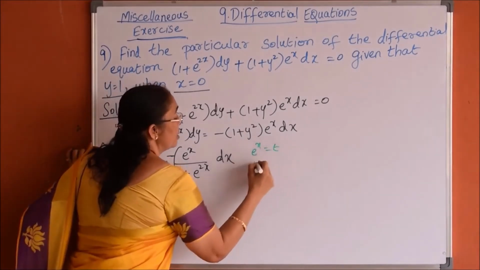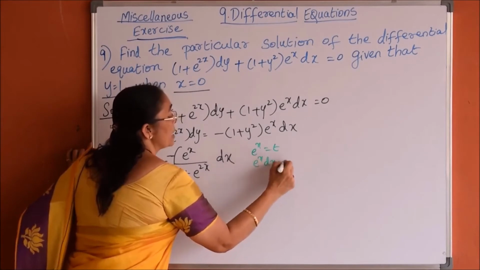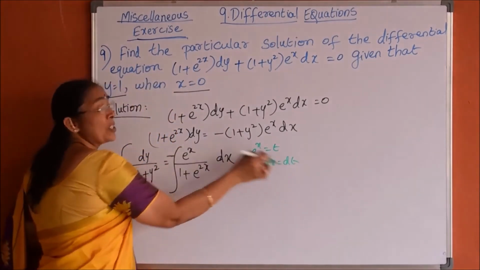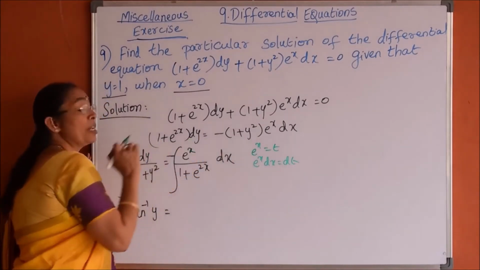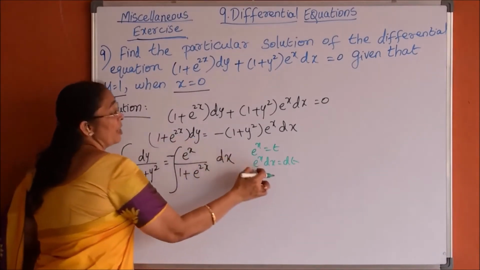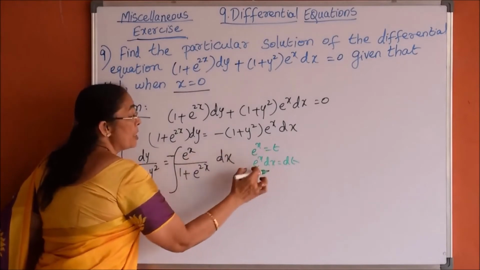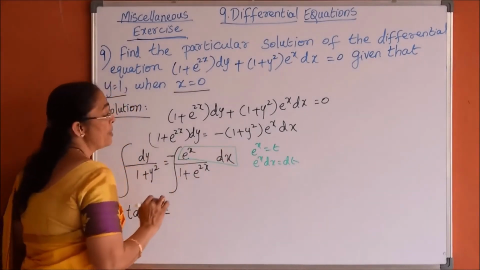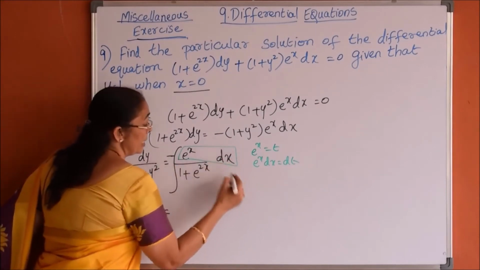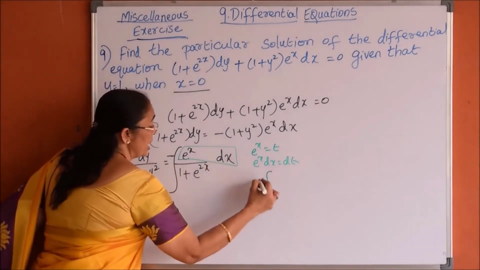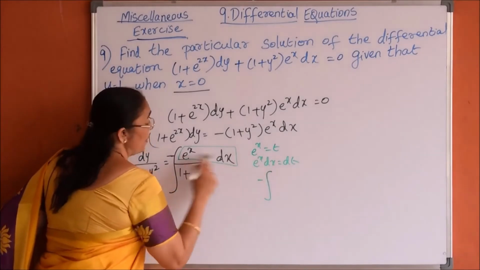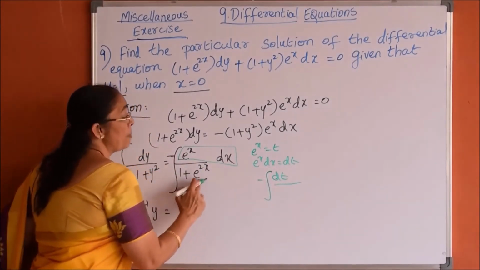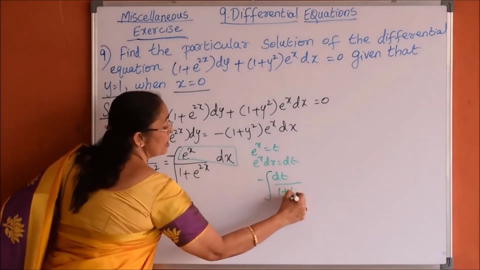So, we will get e power x dx as dt. If we consider the whole thing as t, it is very difficult to replace here. So, instead of that, if I consider e power x as t, e power x dx is dt, and this full part is replaced by dt. For the denominator we can write integration of minus dt divided by 1 plus e power x whole square, which is 1 plus t square.